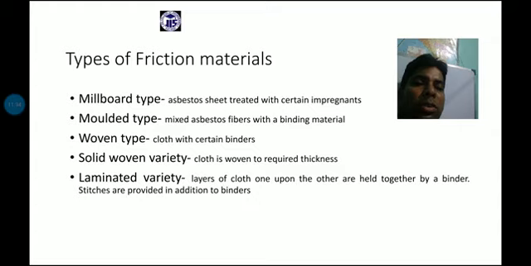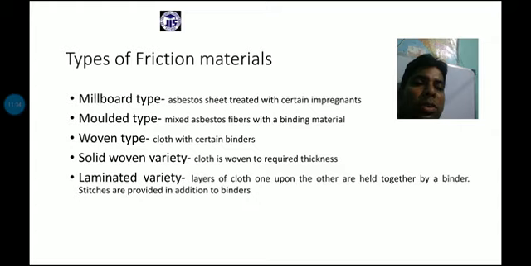Your task is to find out the total number of plates. All the data are given, but you have to calculate only the total number of plates. That is the problem based on the multiple disc clutch.